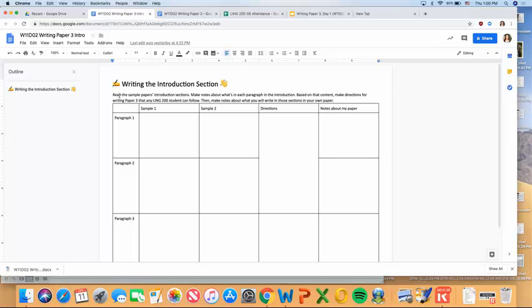And then on your own, right by the directions, you can make notes about what you're going to include. So focus on the introduction. If you finish, wonderful. Move on to the methods. We'll come back in a few minutes and talk about the directions and what we should be doing in the introduction. So go ahead, go for it. We'll come back together in a few minutes.